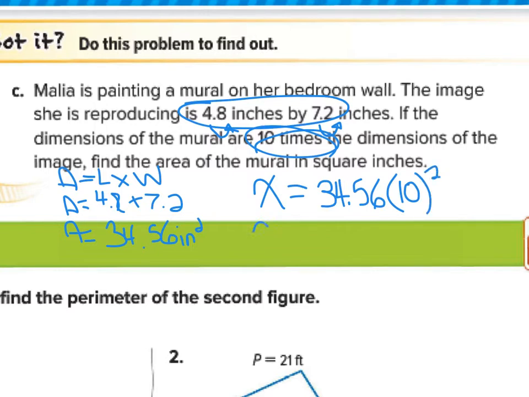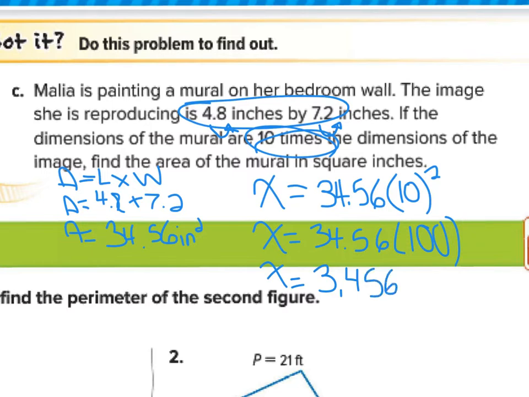So we solve by order of operation, and this becomes 100, because 10 squared is 100. And when you multiply anything by a base of 10, like this 100, you count the number of zeros. That's how many times you're going to move the decimal place over. So 34.56 becomes x equals 3,456, because the decimal moved over 2 places, the same number of places as the zeros you see there. And that would become inches squared.